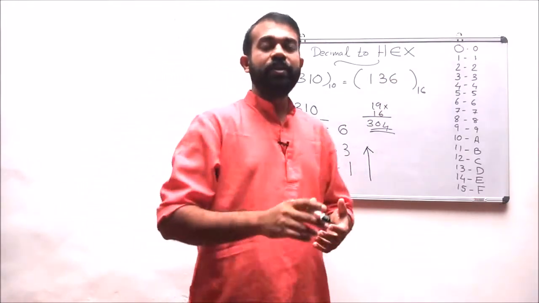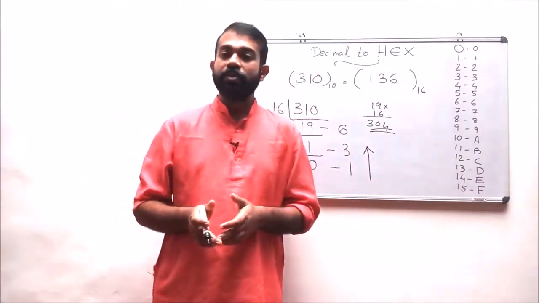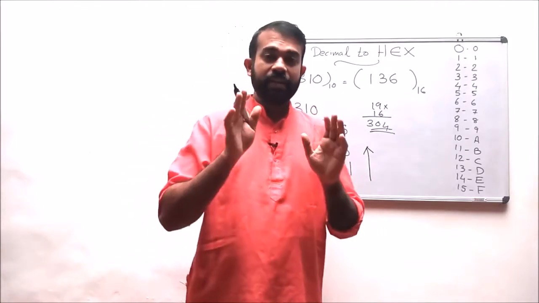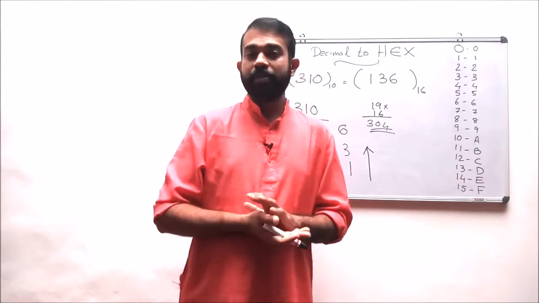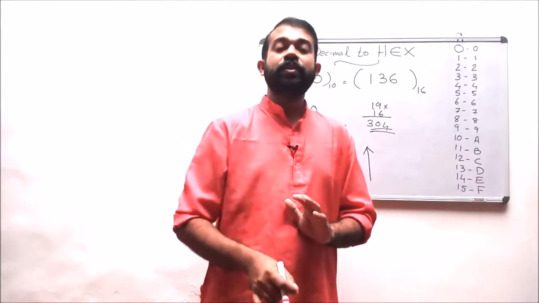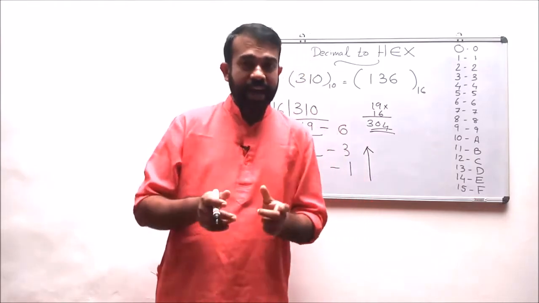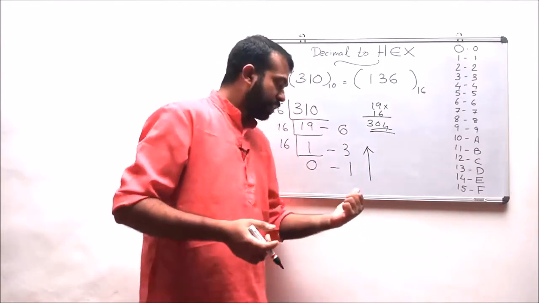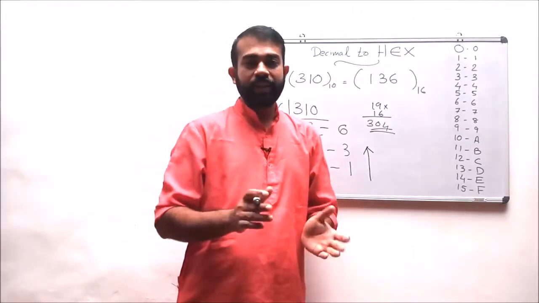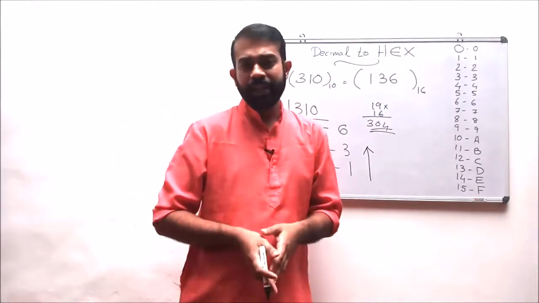This is how we convert a decimal number into its hexadecimal equivalent. We continuously divide the decimal number by the base value 16 until the quotient becomes 0, and the remainders are taken in the order bottom to top.